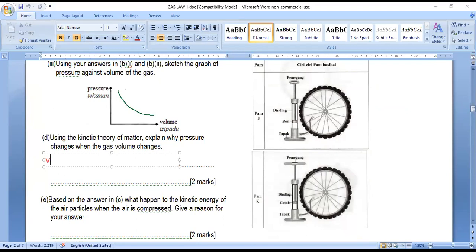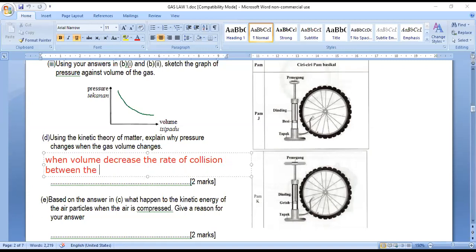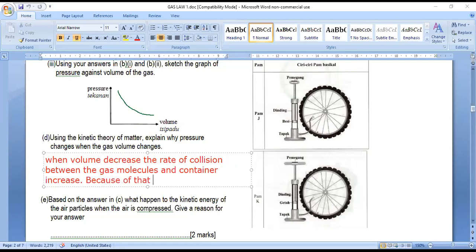Let's say when volume decreases, the rate of collision between the gas molecules and container increases. Because of that, pressure increases.